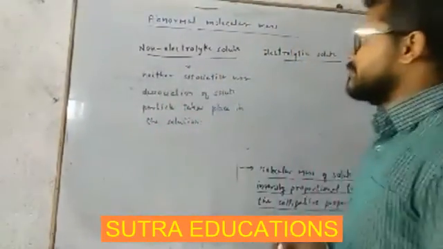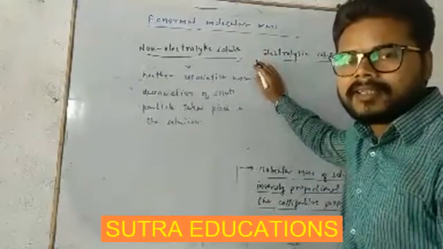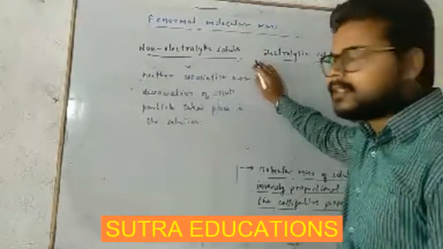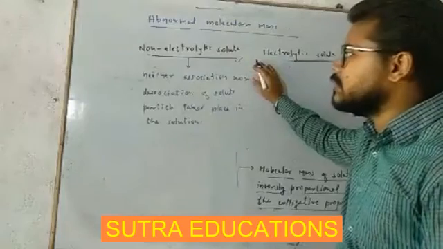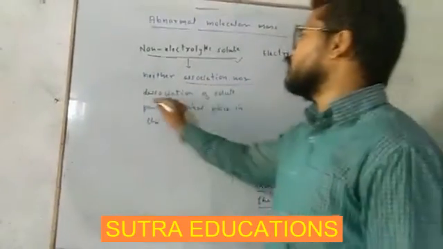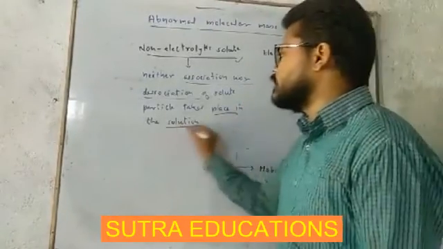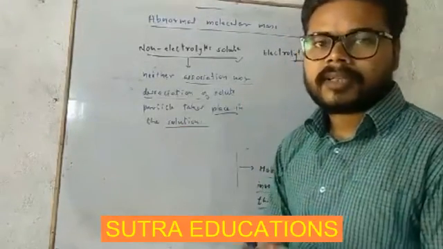Do you remember? I have told you earlier, two types of solute are there. One is non-electrolytic solute, meaning non-electrolyte. The other is electrolytic solute, meaning electrolyte. In case of non-electrolytic solute, there is neither association nor dissociation of solute particles in the solution. Getting this now?